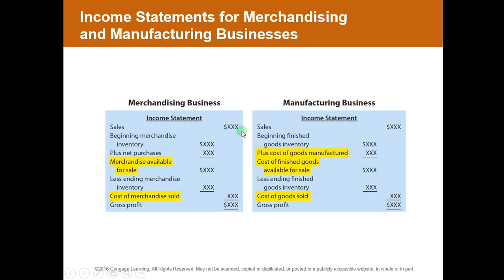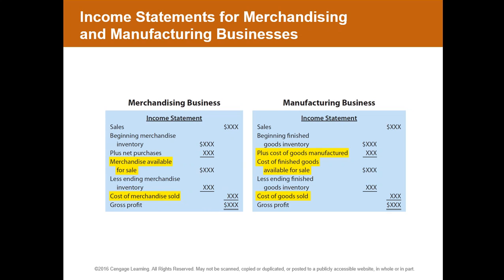So for a merchandising business, it's fairly simple. What did I start with? What did I purchase? What do I have left? There's my cost of goods sold. In a manufacturing business, we aren't purchasing anything. And we have 3 types of inventory.